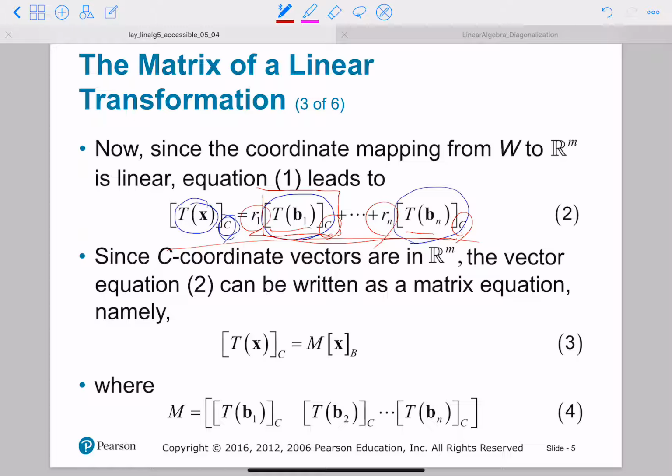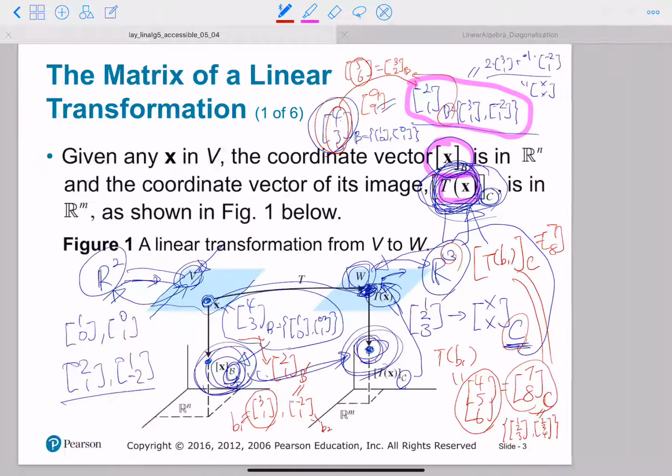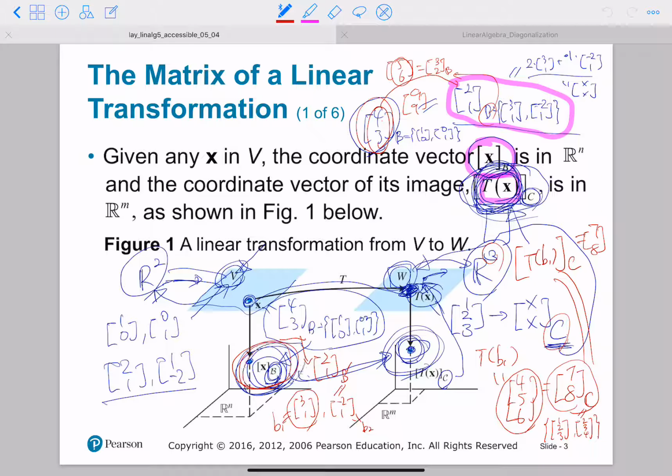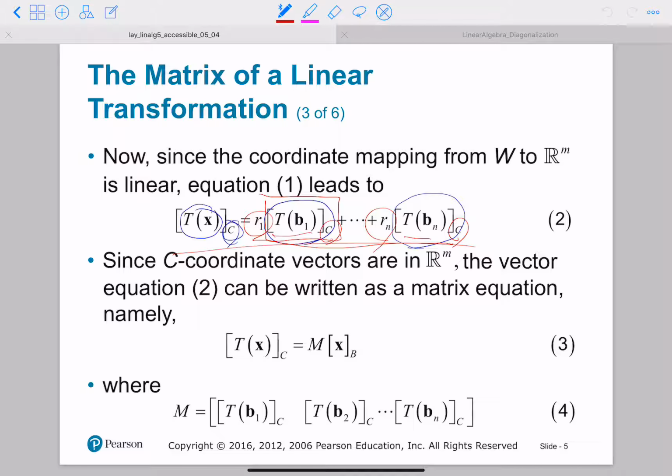So this guy, where we transform the B coordinate vector into the C coordinate vector in the output, we can think of that transformation as, for example, D. This D is now represented as this new matrix M, and that is formed in this form.